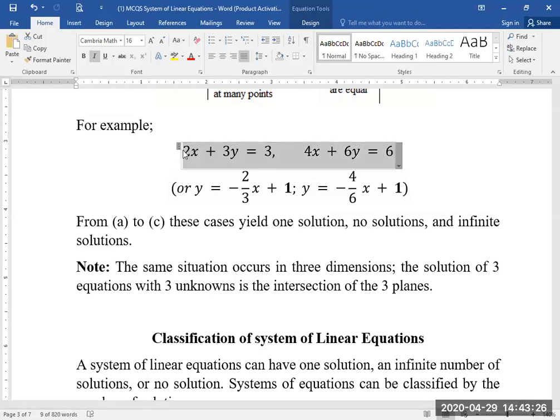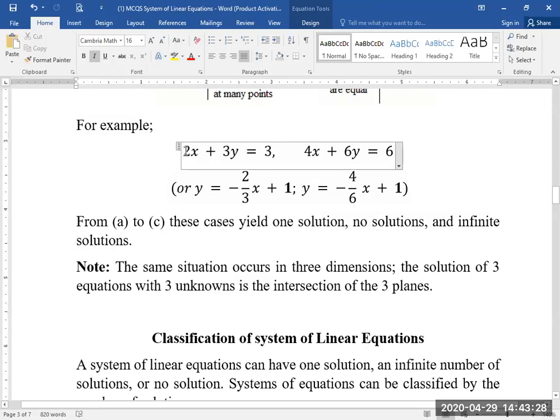From equation 1, you can see the x component is 2x, and the x component of the other equation is 4x. This means I have multiplied equation number 2 by 2. See here 3y, and here 6y, since 3 multiplied by 2 is 6.